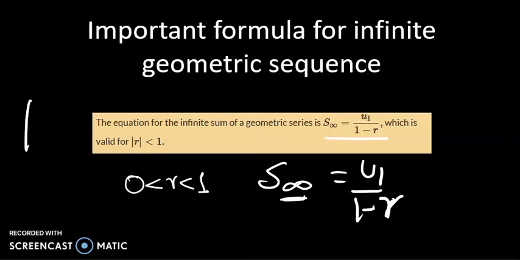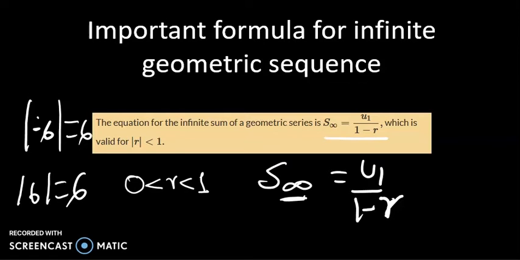R must be put in a modulus. To simply describe what modulus is, if you put a negative number, let me say minus 6, when it comes out it's 6, and if you put a positive number, when it comes out it's still positive. The second condition is that it has to be less than 1.